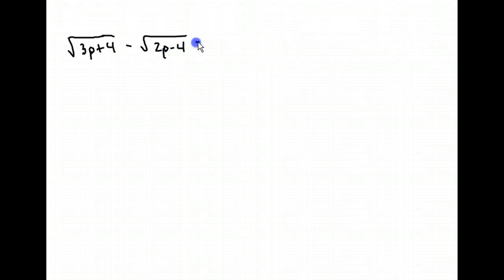Let's say we have the square root of 3p plus 4 minus the square root of 2p minus 4 equal to 2. Well, in order to solve a square root equation, you have to isolate one of the square roots at least. So let's add the square root of 2p minus 4 to both sides.